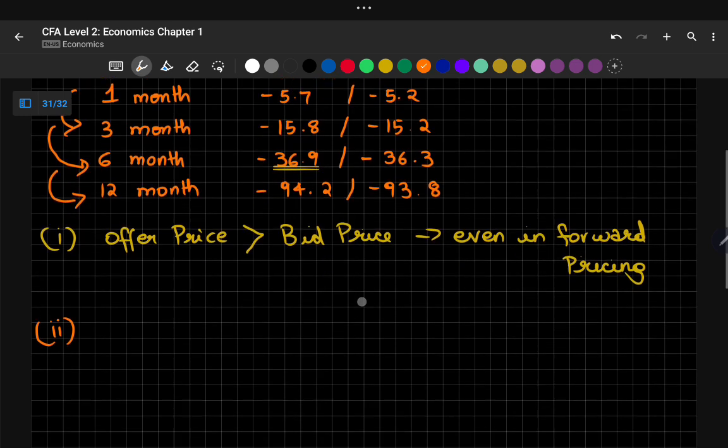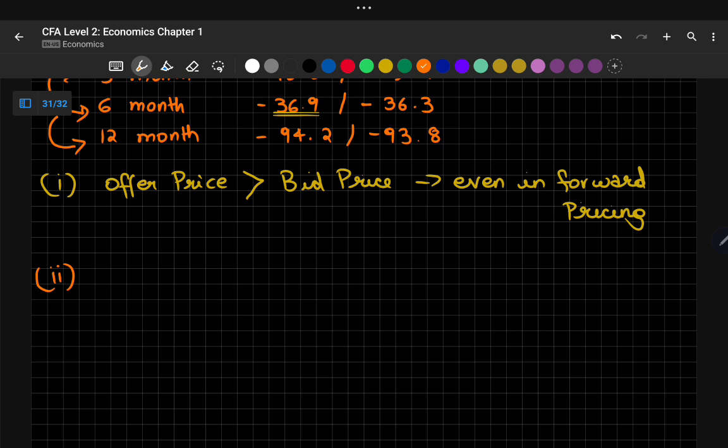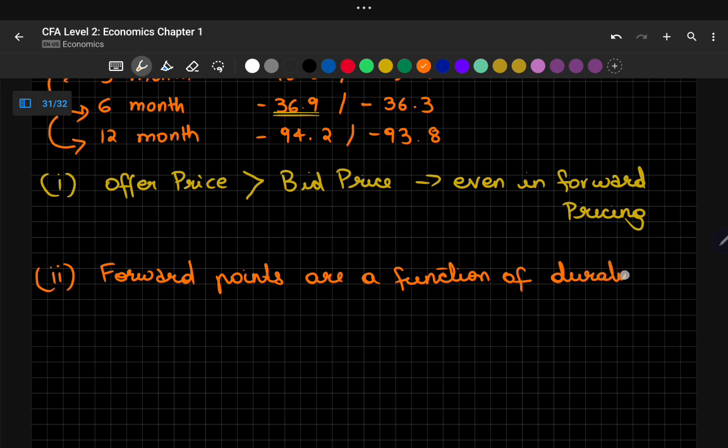So the point to note over here is that forward points are a function of duration, that is duration to maturity t of the forward contract.